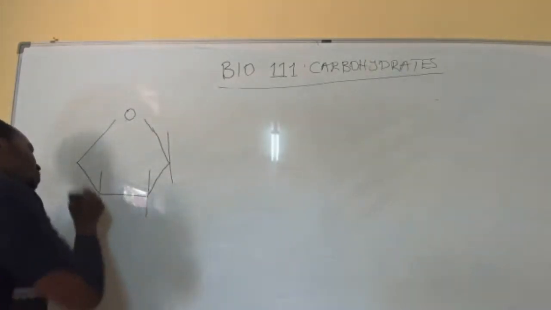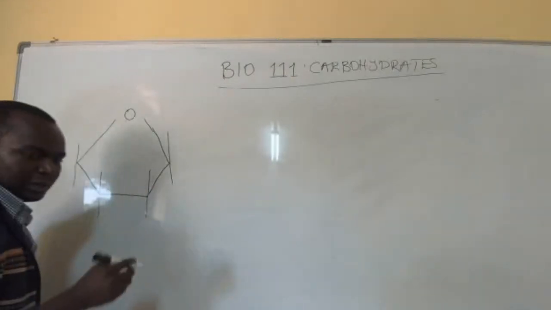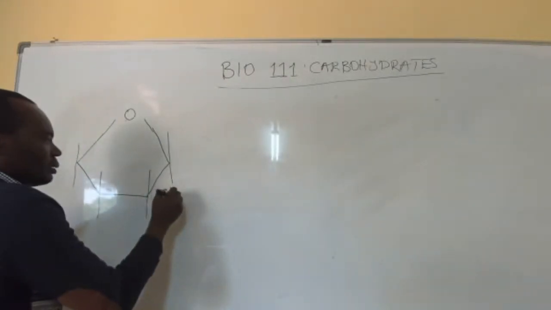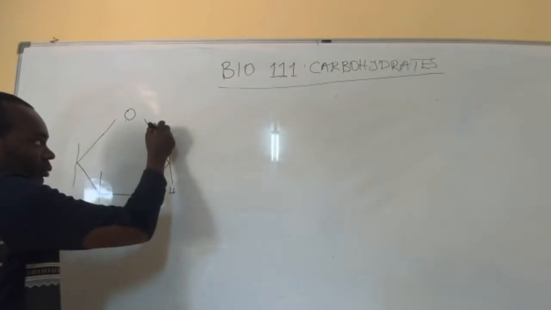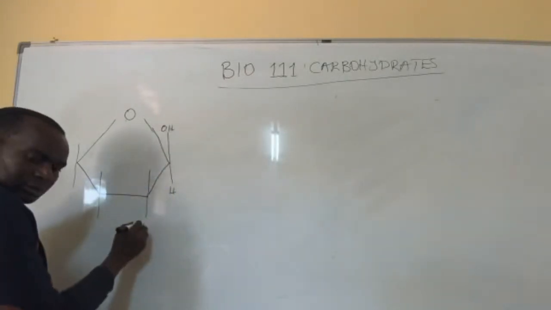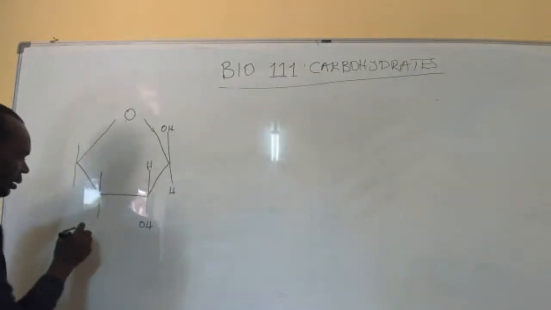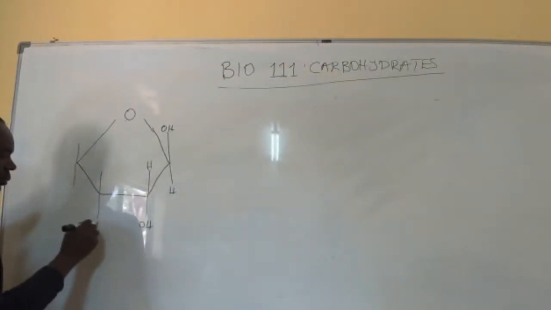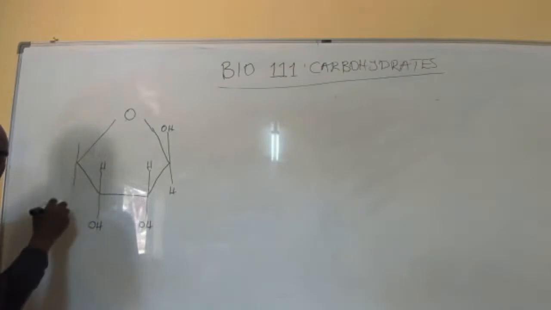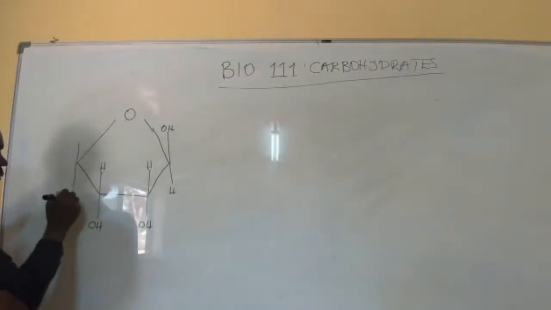So remember, pentoses have got 5 carbon atoms in their structure, whereas hexoses have got 6 carbon atoms in their molecular structure.